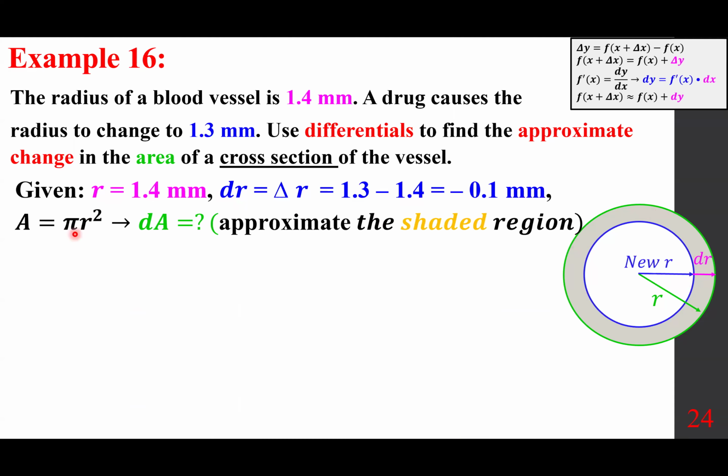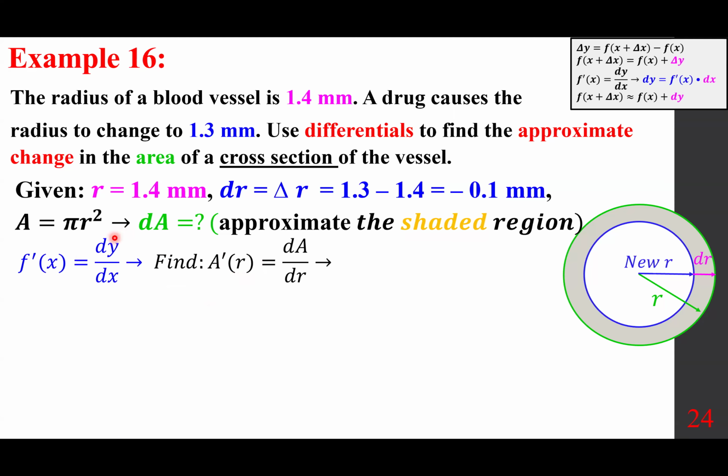We know the area of a circle is pi r squared. We want dA, which represents the approximation of the shaded region. To do that, first we want the f prime of x, which is dy dx, and to show you that, the same as f prime of x, we can say A prime of r.